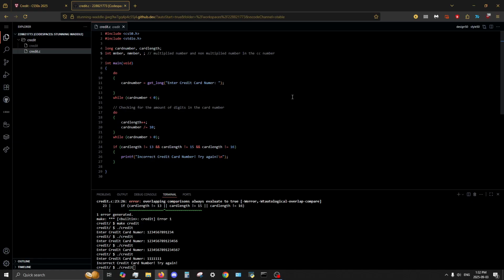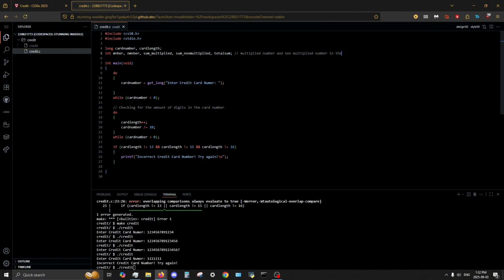Then I need the sum. Let's put some multiplied and then some non-multiplied, and then total sum.